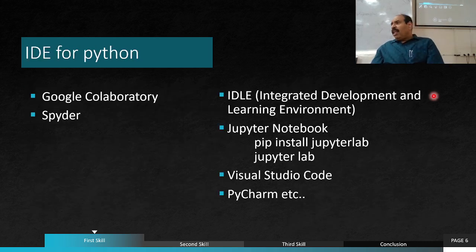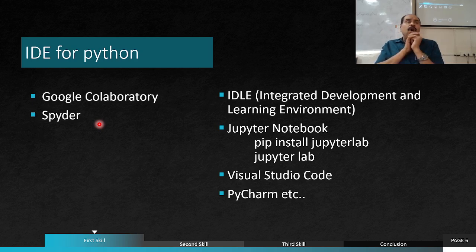Next is a very important concept called the integrated development environment. We are going to start our practical sessions right now. We have two IDEs on one side. On the left side I have given Google Colab, and on the other side, Spyder. We have another set of IDEs like IDLE, Jupyter Notebook, Visual Studio Code, PyCharm, etc. The reason I have divided them into two is that Colab and Spyder will be the ones we'll be using in this lab.